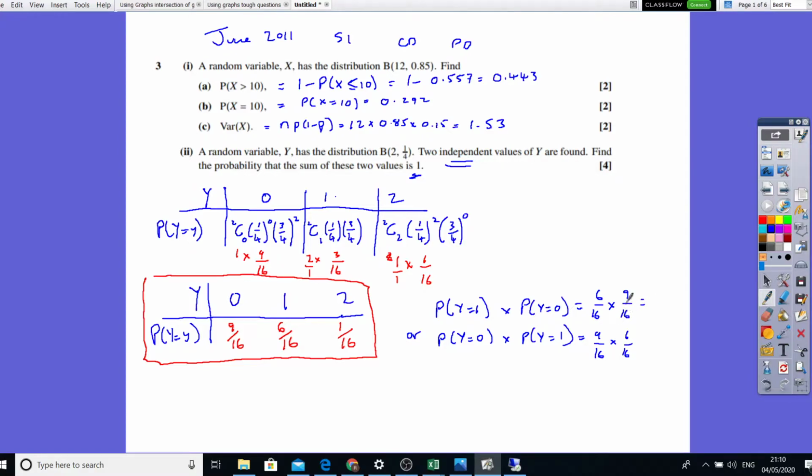So what we get here is 27 over 128, and the same thing here, 27 over 128. When we're working out the probability of getting a sum of 1, it's going to equal these two probabilities added together.